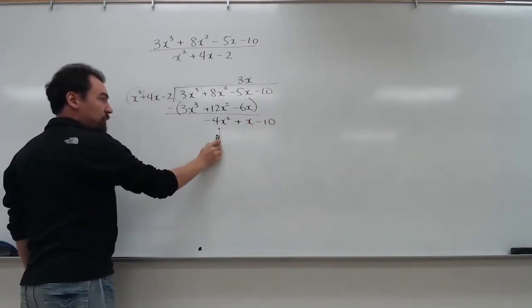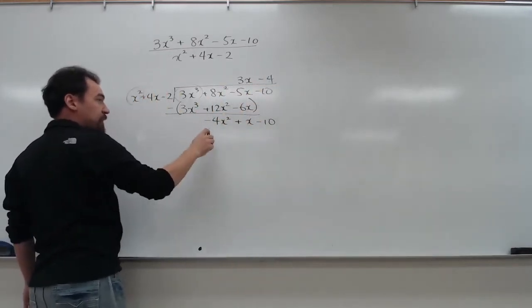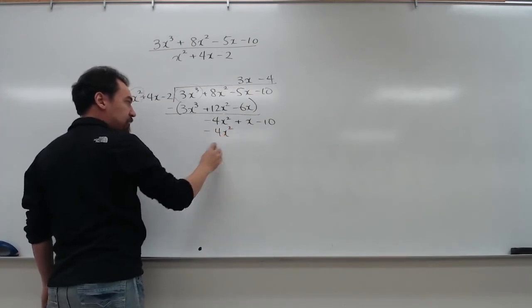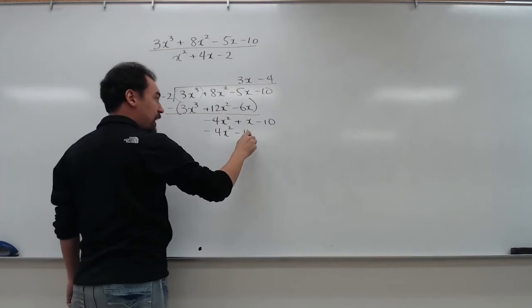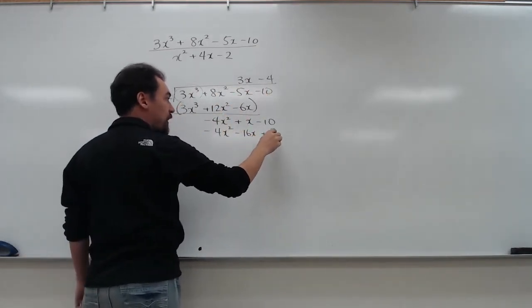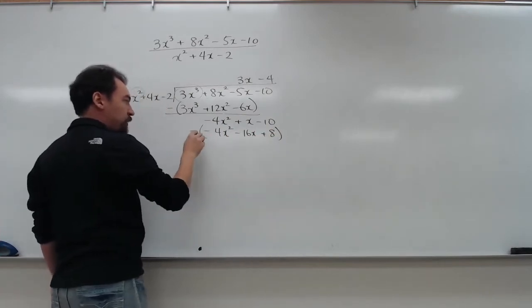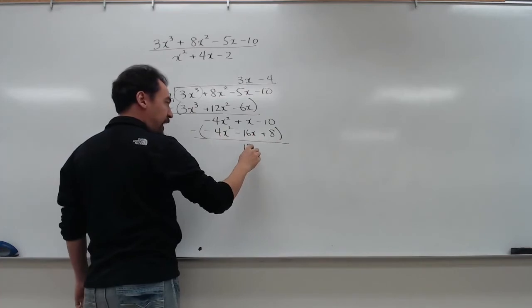X squared goes into that. Negative 4 times x squared is negative 4x squared to cancel the leading term. Negative 4 times 4x gets me negative 16x. Then negative 4 times negative 2 gets me positive 8. Subtract everything very carefully. These cancel. Subtracting a negative means I'm going to add.